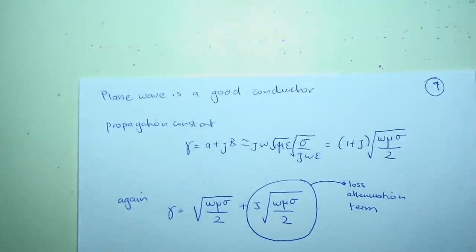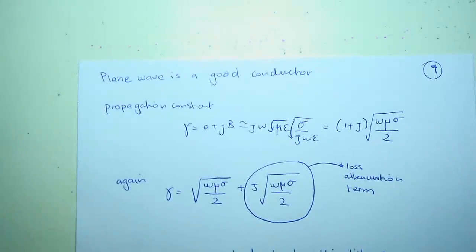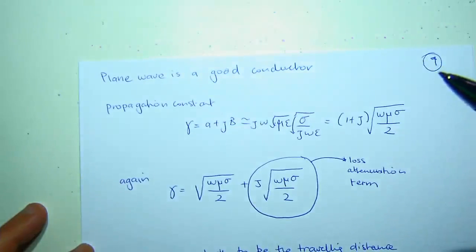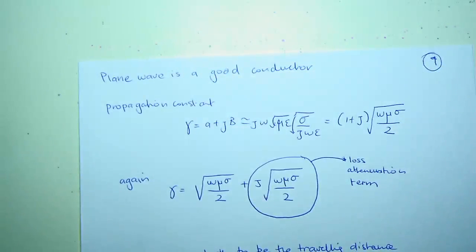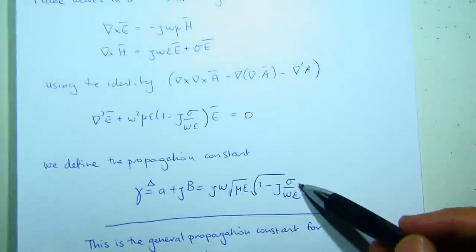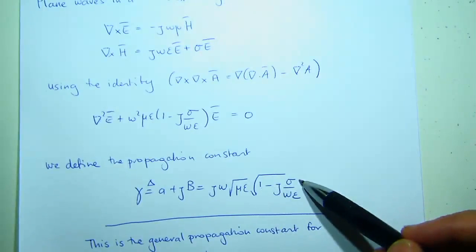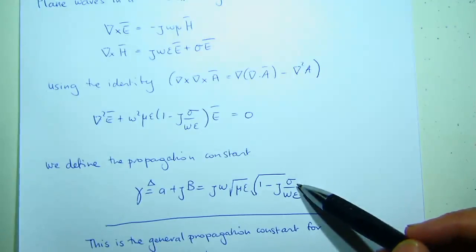Now, what happens if we're in a good conductor? We can go through the whole process again and work out what the propagation constant is. What do we know about a good conductor? Essentially, all I'm doing is saying that sigma is very large.